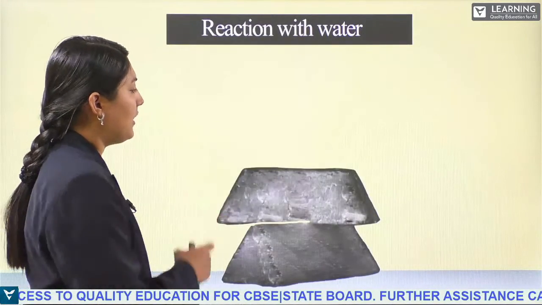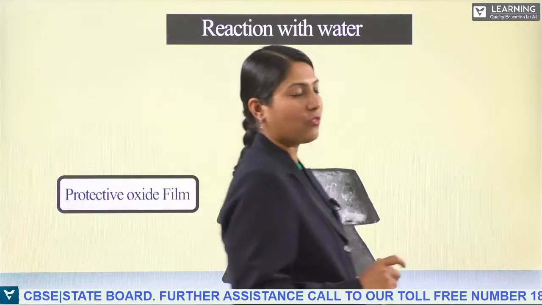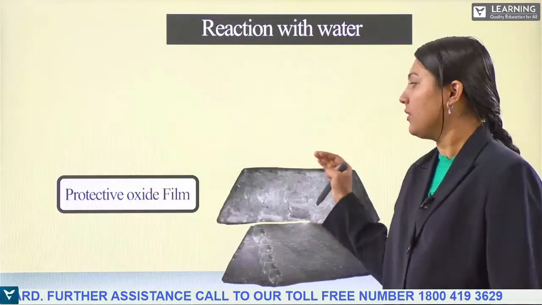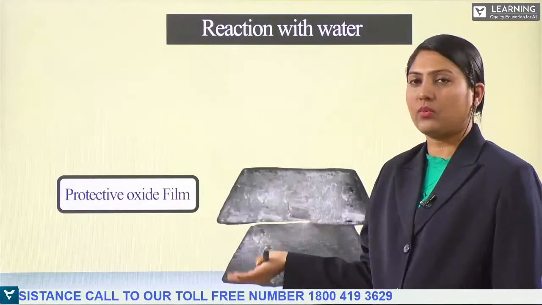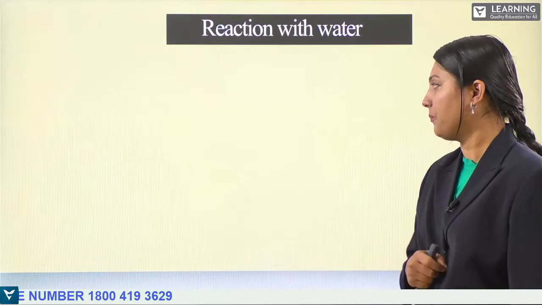Whereas the lead will have the outer layer which is a protective oxide film, and that will not allow the lead to react with water. Hence, we don't have any reaction with water.